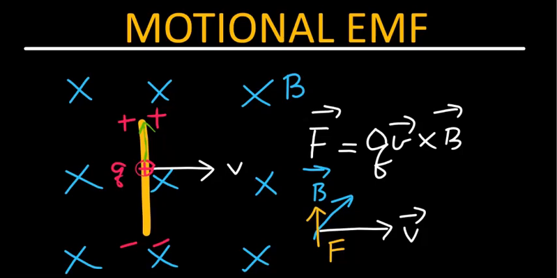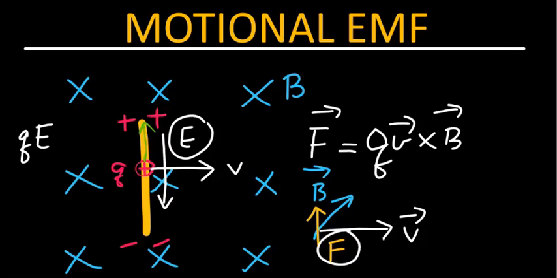This in turn creates an electric field in that direction, which exerts a downward force of Q times E on the charges. The accumulation of charge at the ends of the rod continues until this E is large enough for the downward electric force to cancel exactly the upward magnetic force.